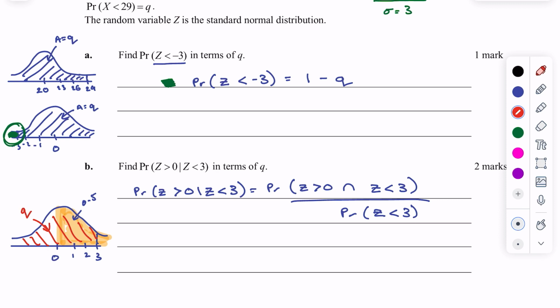Therefore, we can say that the combined area here should equal q minus 0.5 all over q.